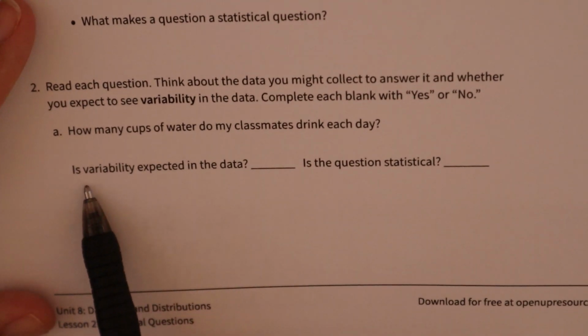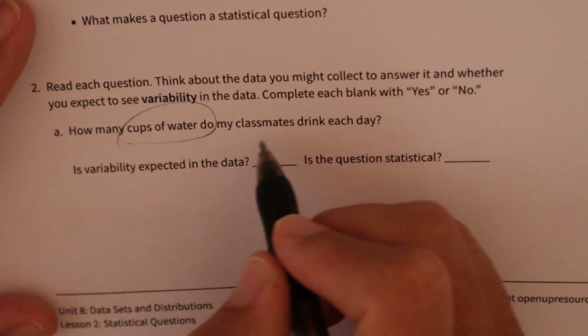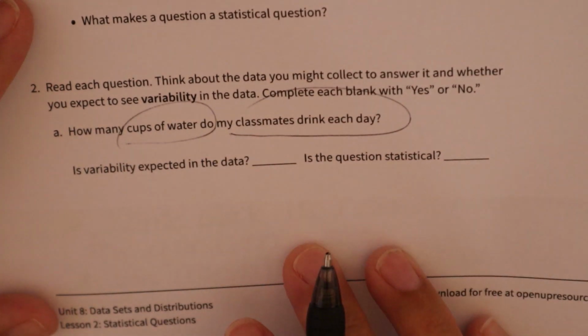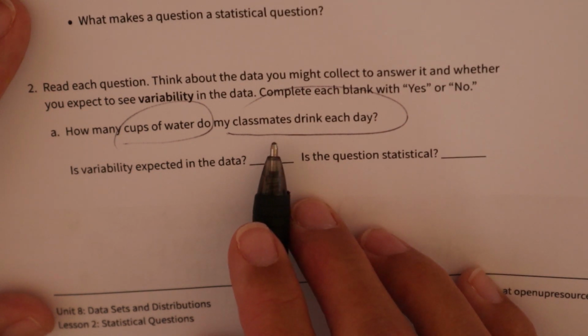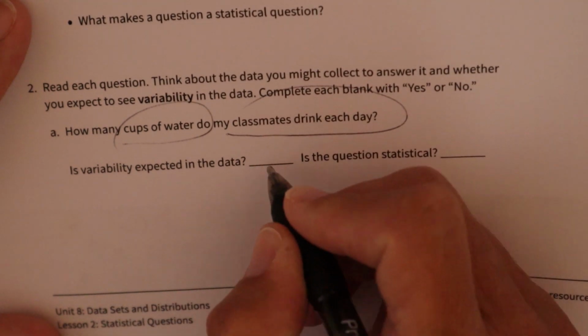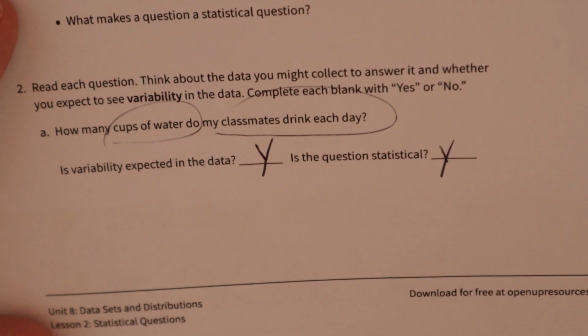Okay? Is there any variability where we're talking about cups of water and we're talking about all the classmates? Okay? So again, I've got a group, I've got classmates, and I'm going to have to do some work. All right? I'm going to have to do a survey or talk to each student. So yes, there's variability, and yes, it's a statistical question.